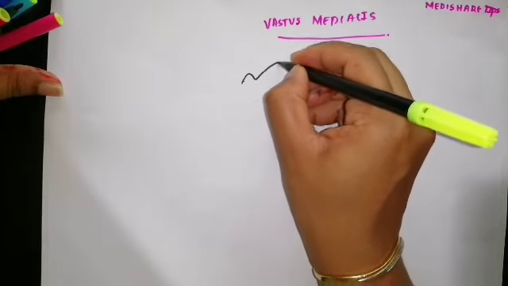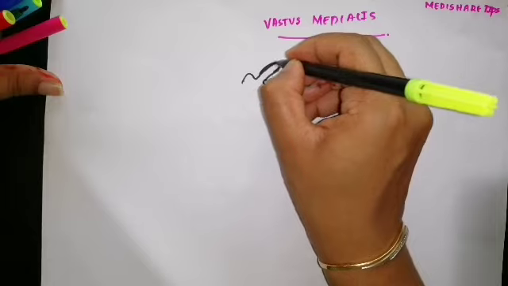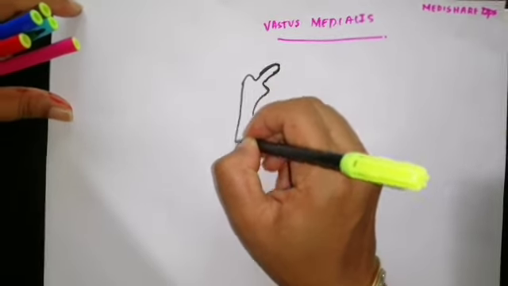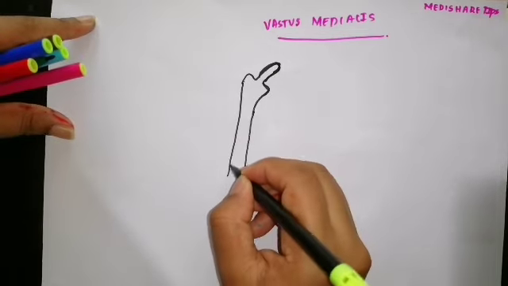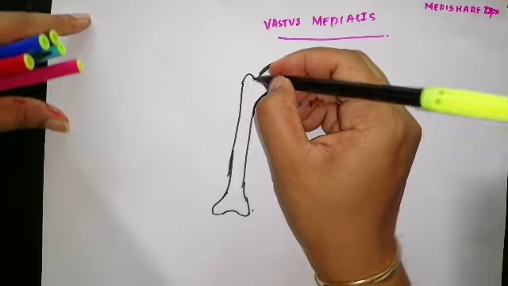For that we are drawing the femur again. This is the greater trochanter. This is the head of femur, and this is the lesser trochanter. We have the supracondylar ridge.